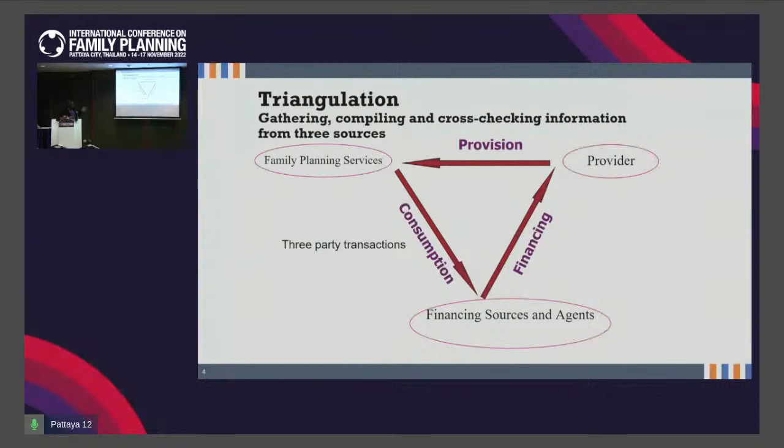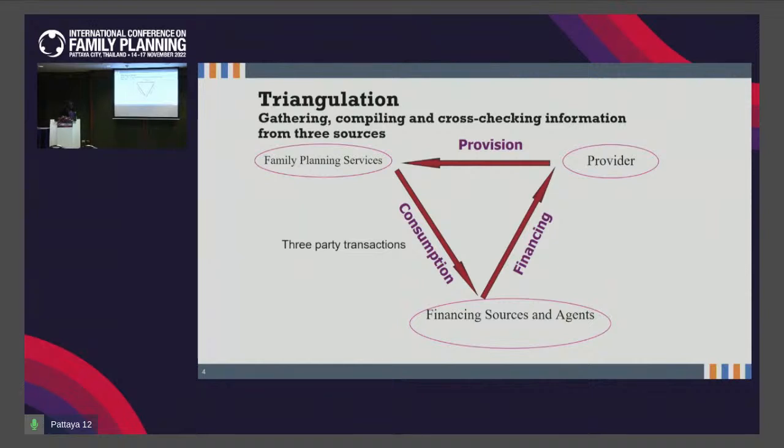Under provision, we have service providers, which could be health facilities or pharmacies, and within service provision, we also capture expenditure by the things which are used to generate those services, and we call those inputs.